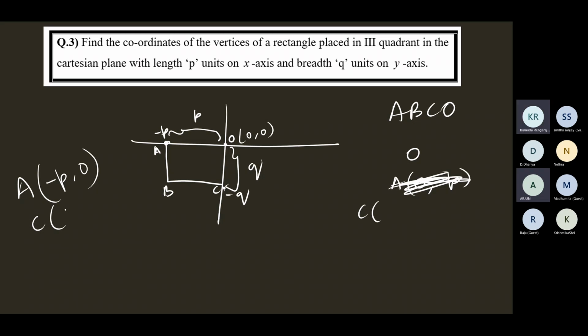Let me be careful. 0, minus Q. Yes. What about the coordinates of B? Minus p, minus q. Minus P comma minus Q. And O is 0 comma 0.